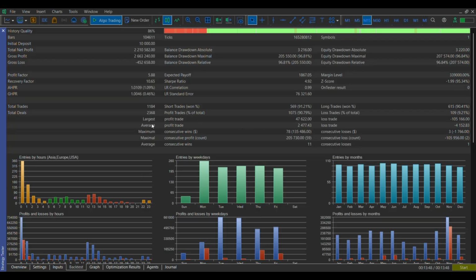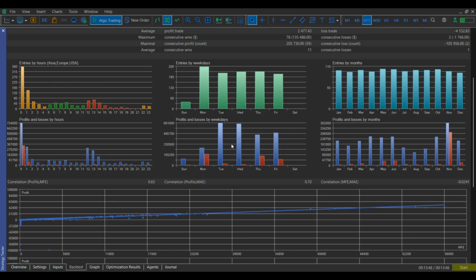The average profit was 2400. The average loss was around this. The average largest profit was this, but only 9% were losses, just 9%. Not a big deal. And the consecutive profit was around 205K USD.